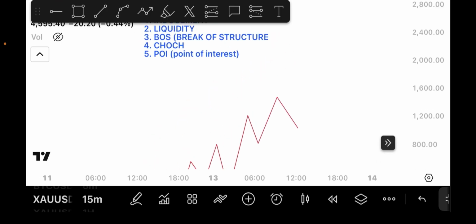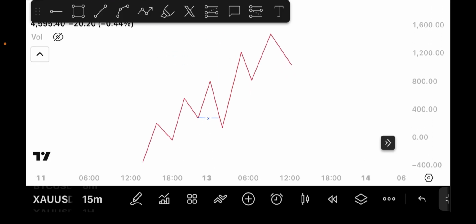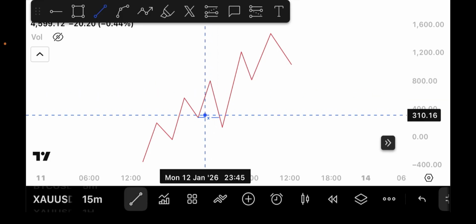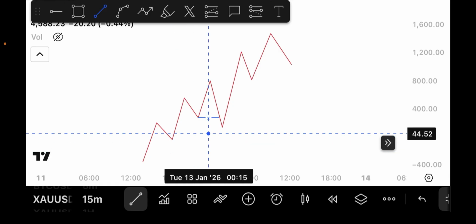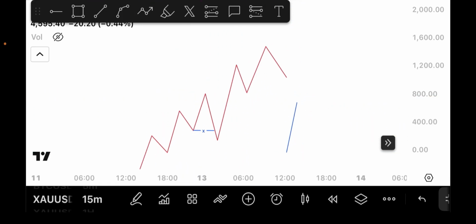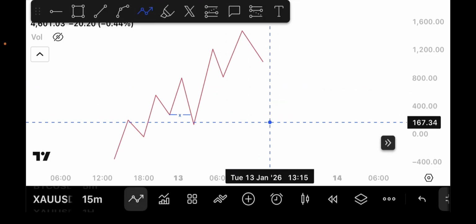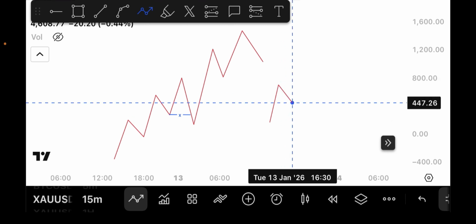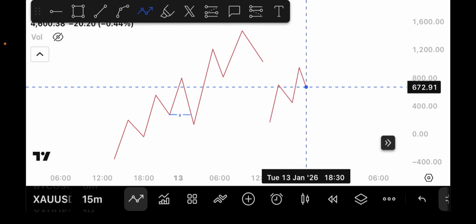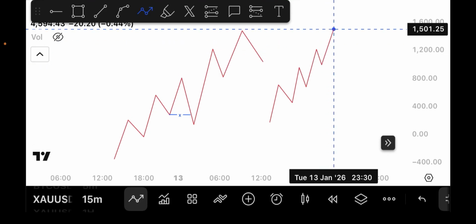And where is our liquidity in this zone? Where is our liquidity? Okay, now inducement also serves as liquidity. Understand? But in a situation where the market gives us something like this, the market went up like this.